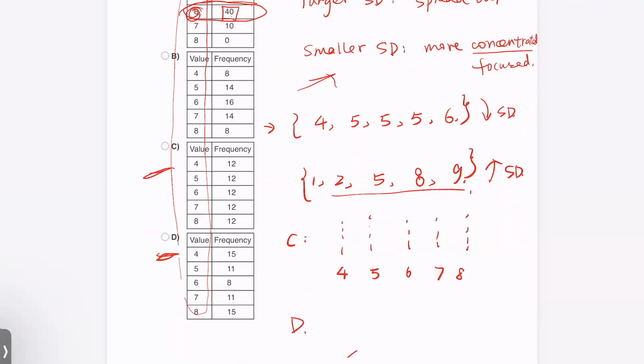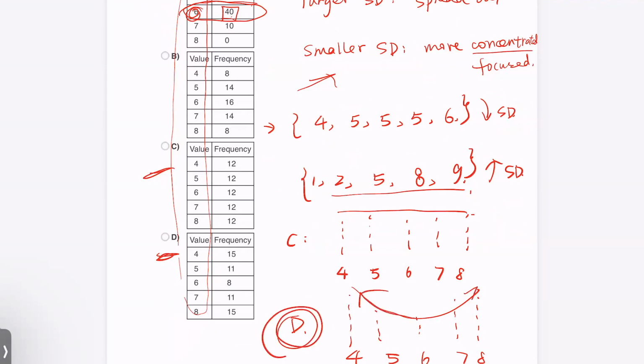For option D, 4, 5, 6, 7, 8, it's like a valley. Then which one has a larger SD, more spread out? The answer is D, because it's more spread out to the two ends.